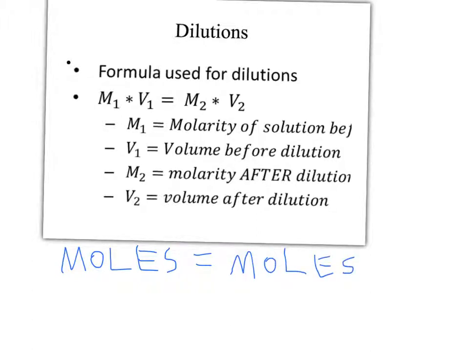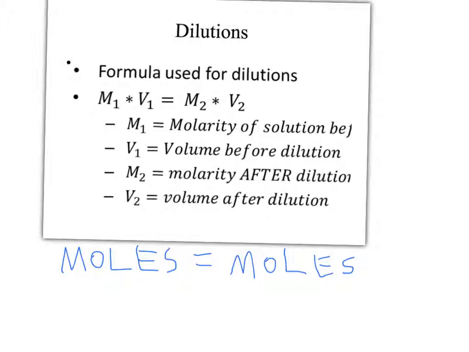When you put a certain amount of solution in something, you end up with a certain amount of moles. And we can find that by calculating our M1 times our V1. And that's a certain number of moles. Now, when you take that certain number of moles and you add more water to it, the number of moles isn't going to change. Just the molarity and the volume will change.